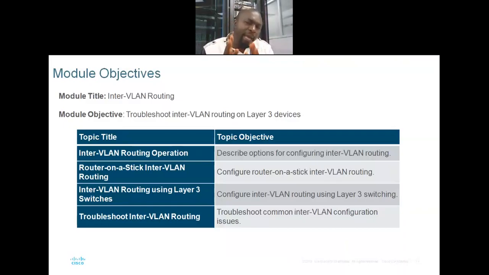Now, today we are centering basically on how you make devices on a separate VLAN communicate with devices on another VLAN. I have 2-3 VLANs, for instance, and I want to get devices on VLAN 10 to talk to devices on VLAN 20, or VLAN 30.